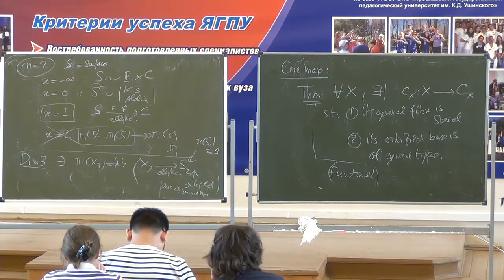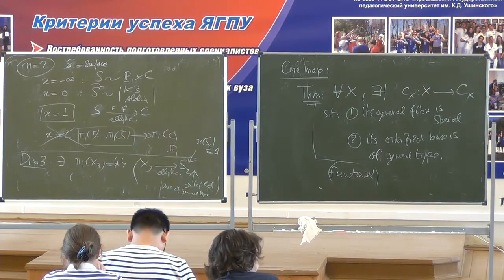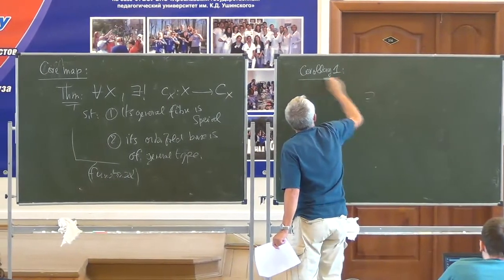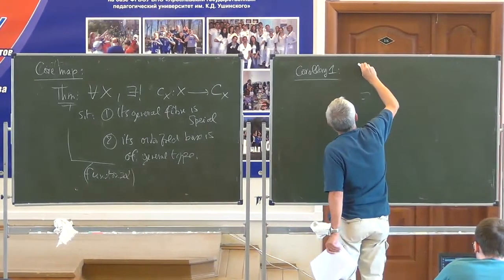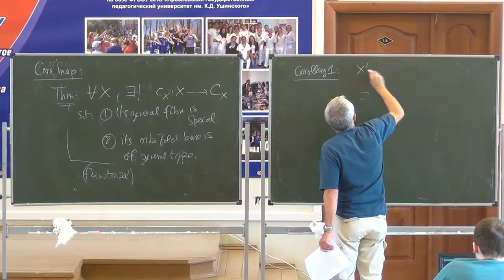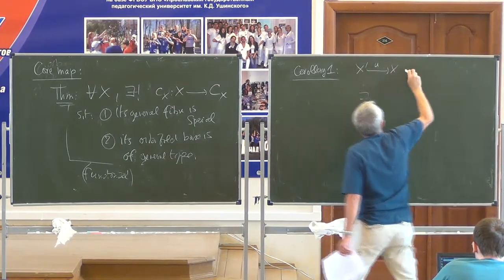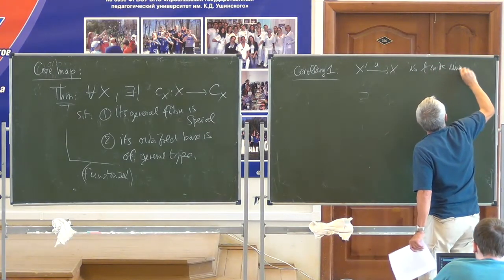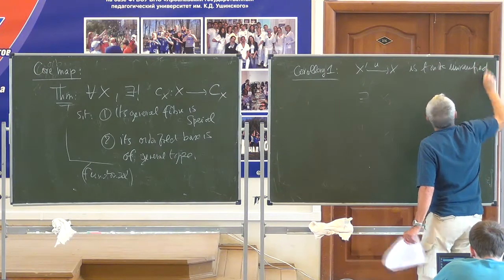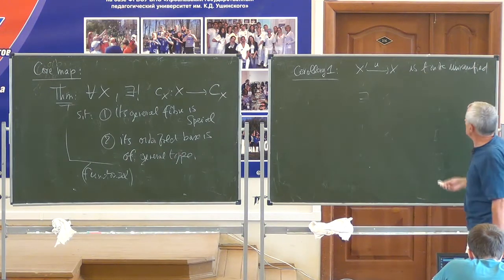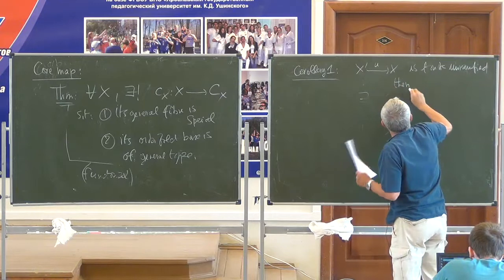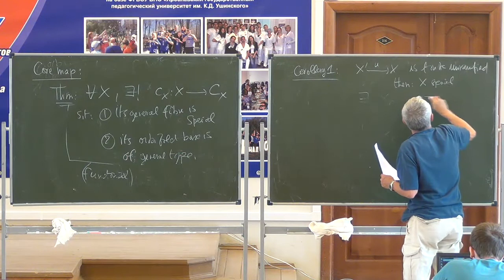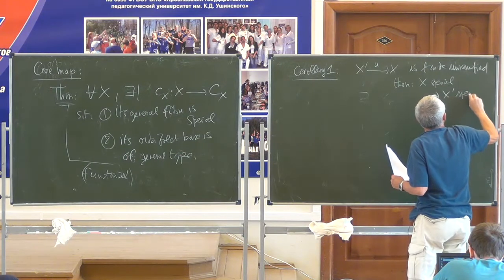Some corollaries of this are the following. If X prime to X is a finite unramified cover of X, for example, then there is a more general statement: X special implies X prime special.